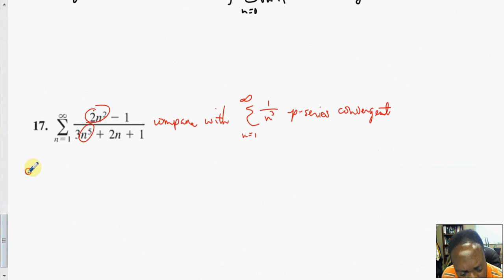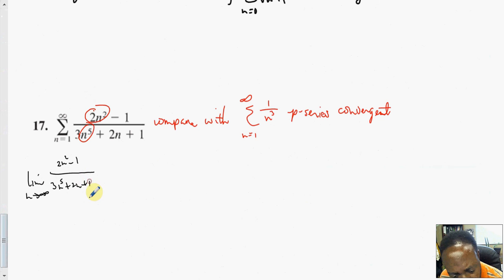So if that be the case, then we look at the limit as n goes to infinity of 2n squared minus 1 all over 3n to the 5th plus 2n plus 1, and this is divided by 1 over n to the 3rd.